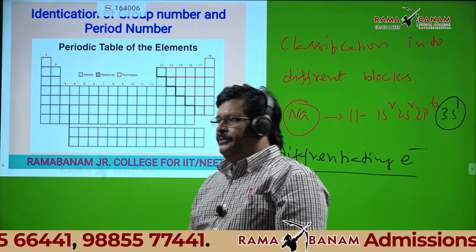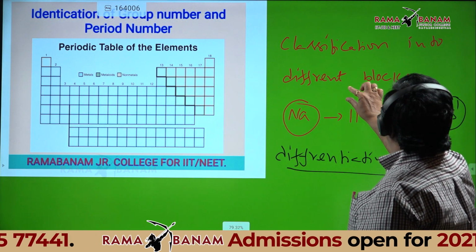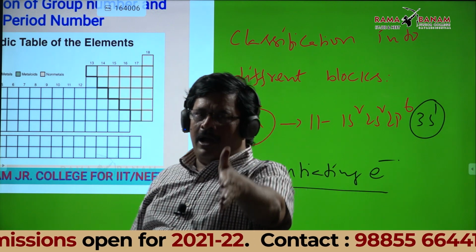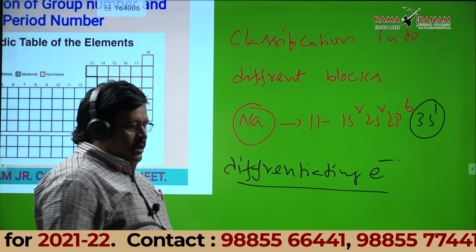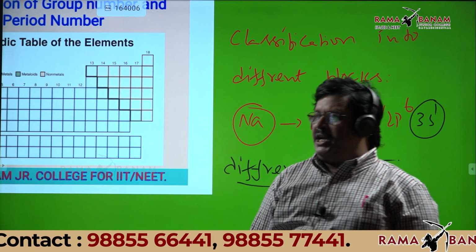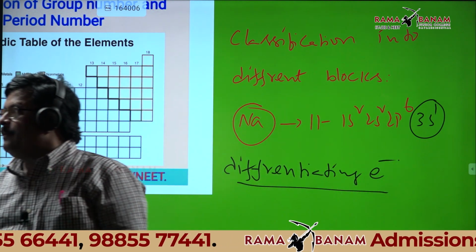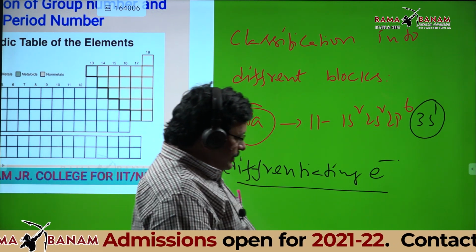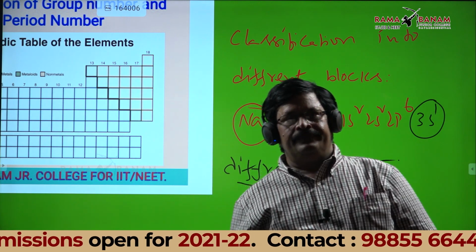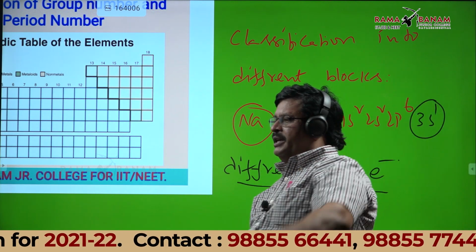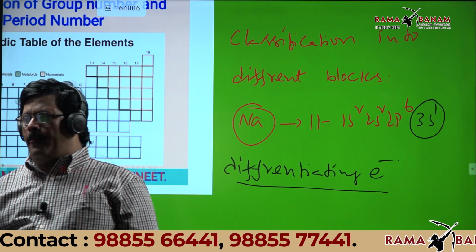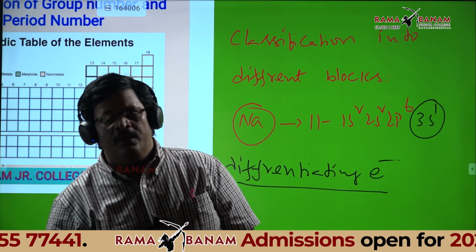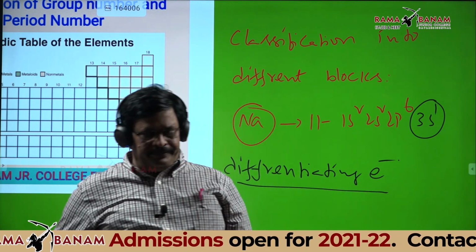First write this heading: classification of elements in different blocks. Based on the differentiating electron, elements are divided into 4 different blocks.